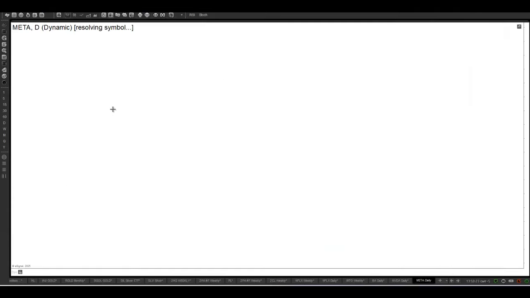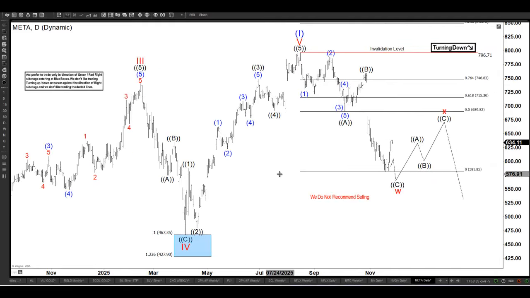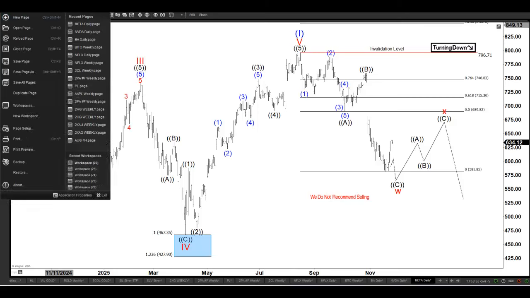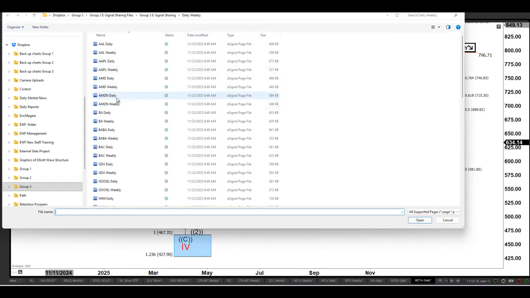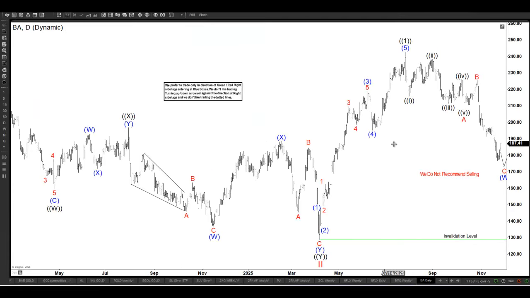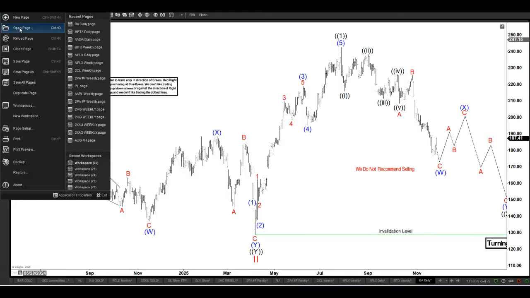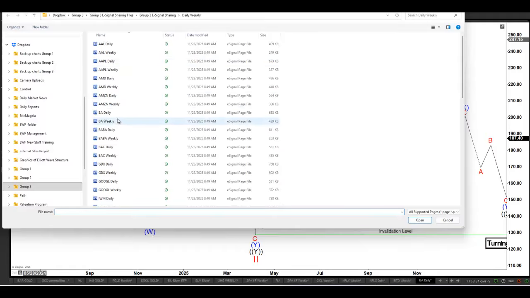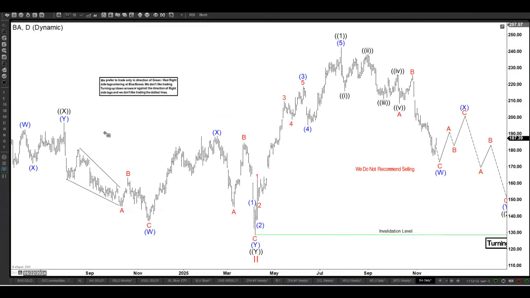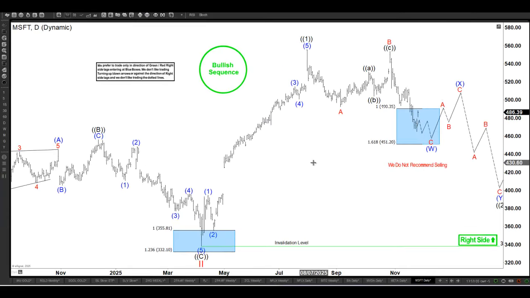Meta is within bouncing areas and bouncing. Microsoft. So all these bounce and these instruments support the commodities. This is Boeing. I already showed Boeing. I'm missing another one, Microsoft. Within bouncing area. If they react, commodities react.